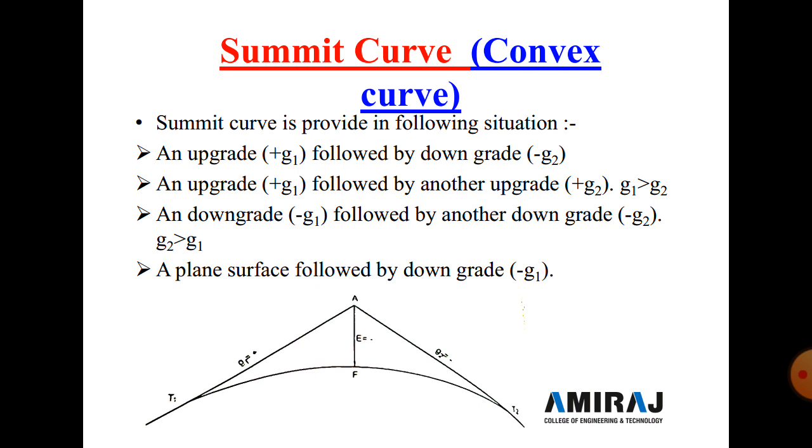A summit curve is provided in the following situations: an upgrade plus G1 followed by a downgrade G2; an upgrade G1 followed by another upgrade G2, where G1 is greater than G2; a downward grade minus G1 followed by another downward grade G2, where G2 is greater than G1; and a plane surface followed by a downward grade minus G1. Clear? So that is a summit curve.